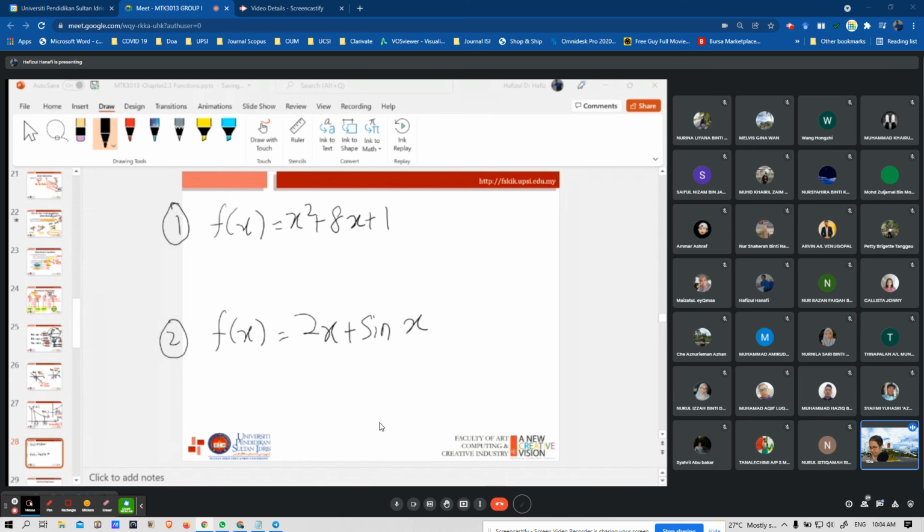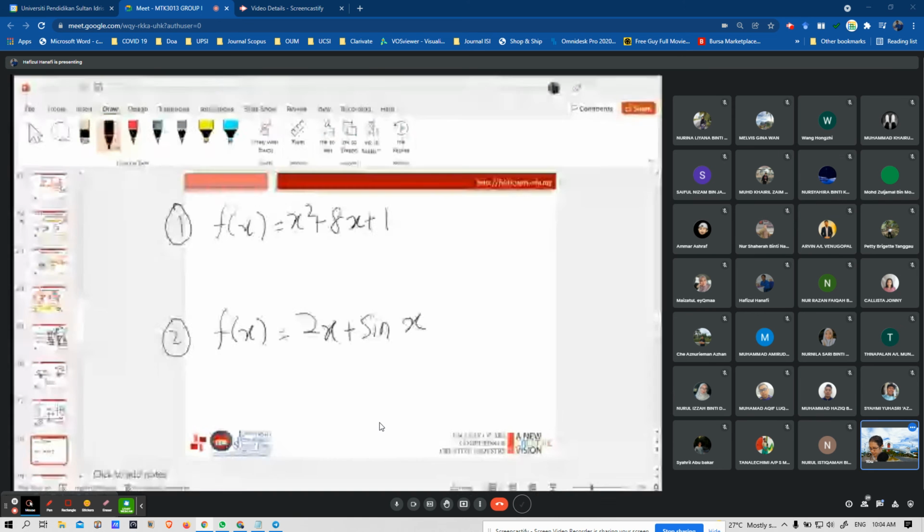Okay. We have f(x). Later we see the inverse function. Okay, this one is just for the recap. Either this one is monotonic or not.